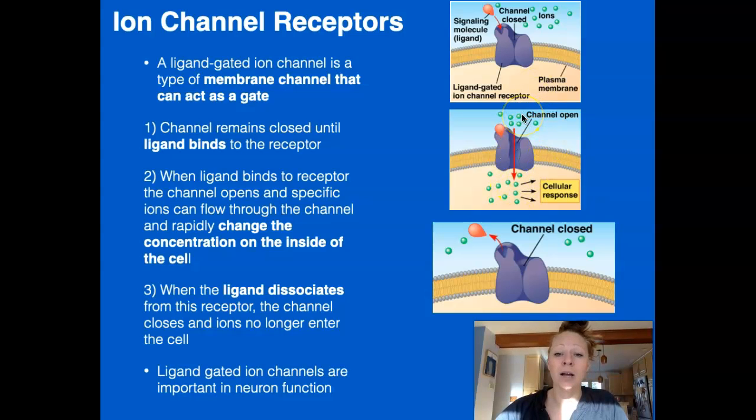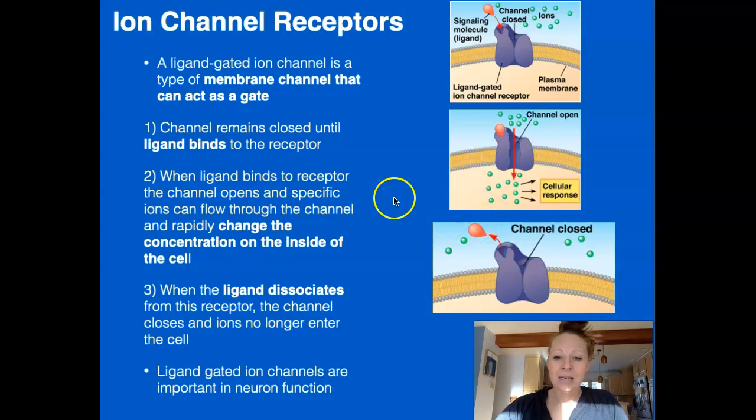So it's going to allow ions to travel quickly from externally to internally, or vice versa. When the ligand is attached to the protein, it's going to open, and when it detaches, it's going to close.